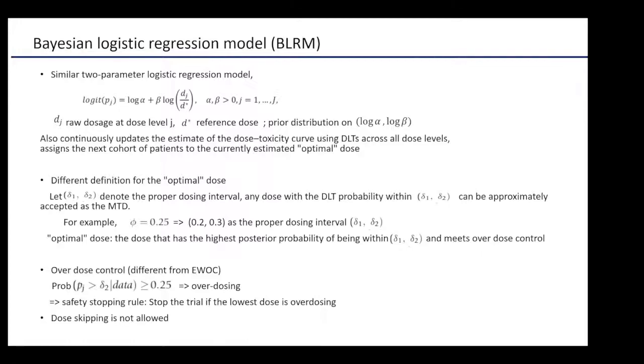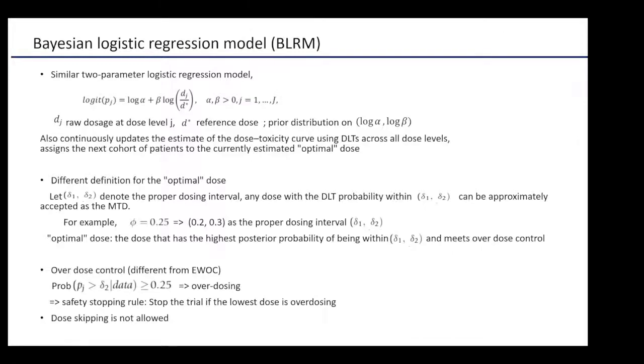Of course, you need a prior distribution assumption on alpha and beta. Then each time after you observe DLTs at the dose levels, you update alpha and beta to get a posterior probability, and then the mean of the posterior probability is the current estimate to help you determine the next dose level.